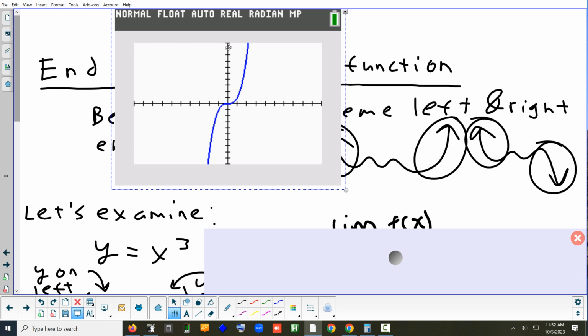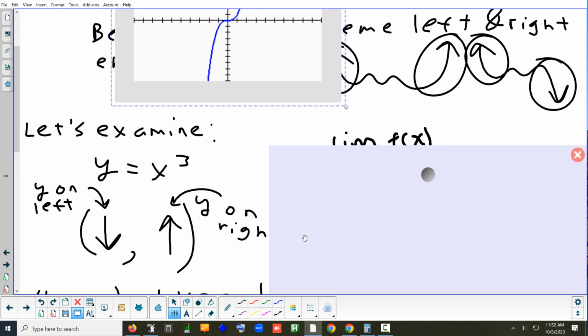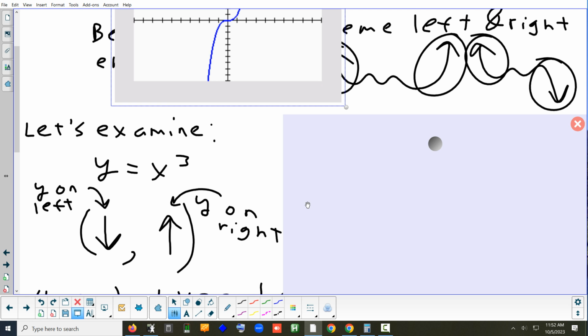Down. Which way is it heading on the right side? Up. So one way to describe the end behavior is you can use arrows. This arrow describes what's happening on the left. That arrow describes what's happening on the right.